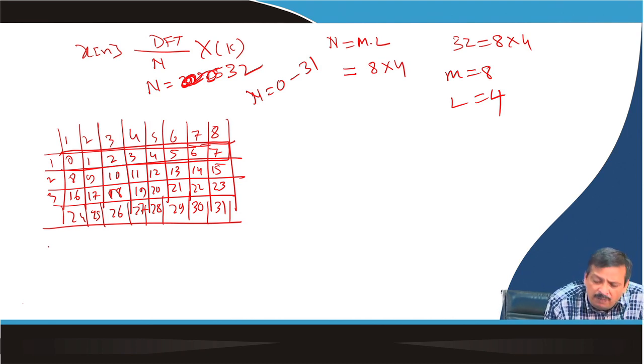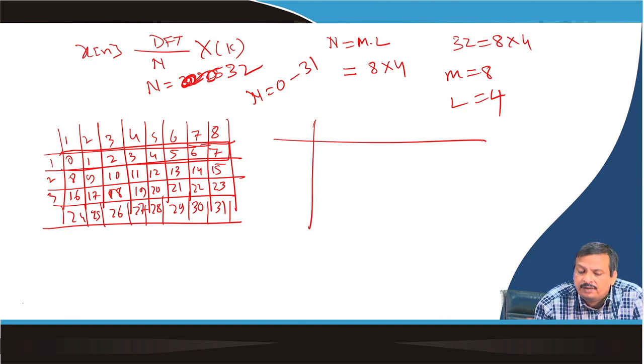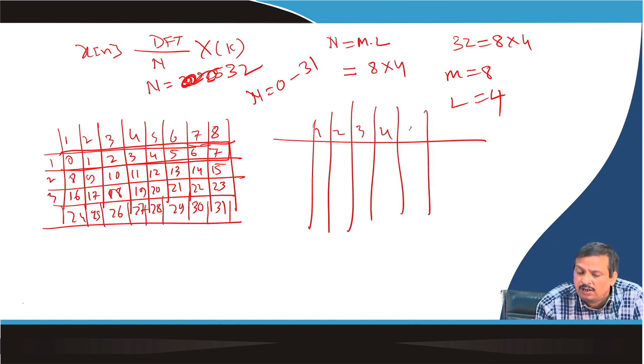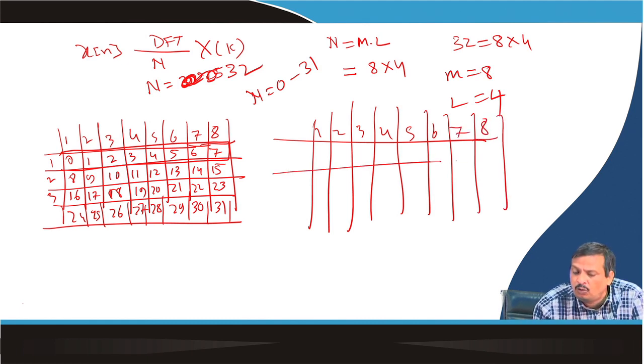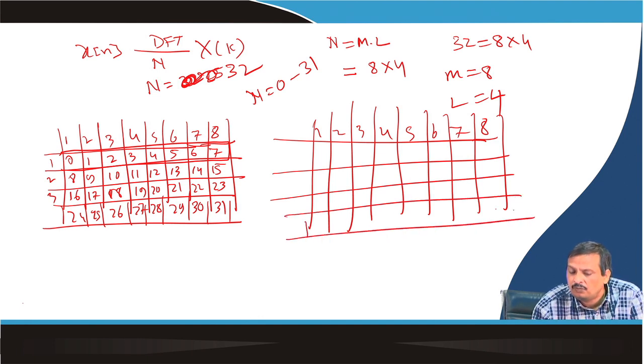I can also write the samples column wise. 8 columns and 4 rows.